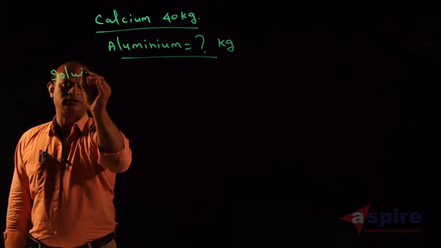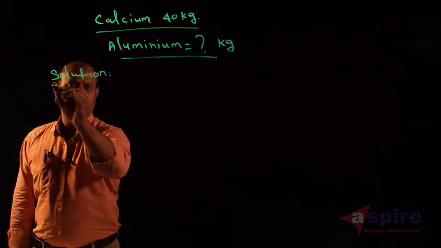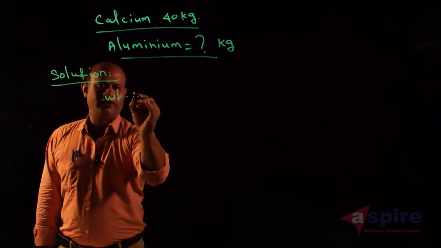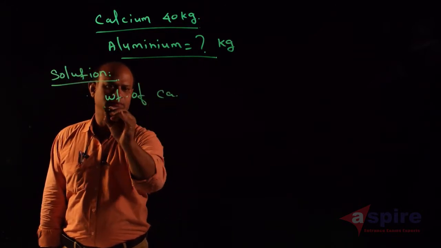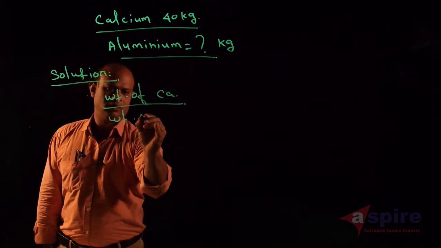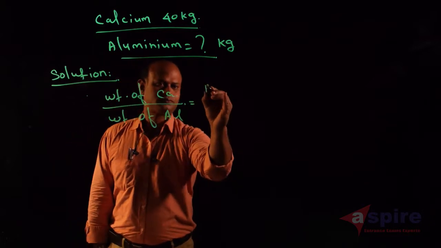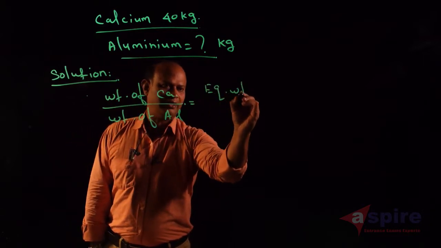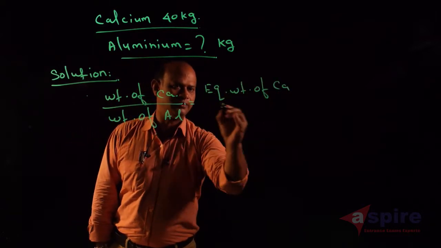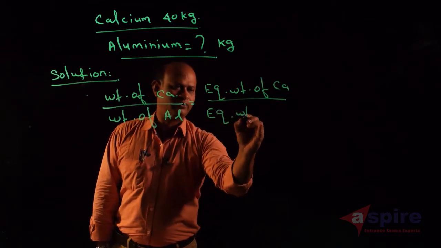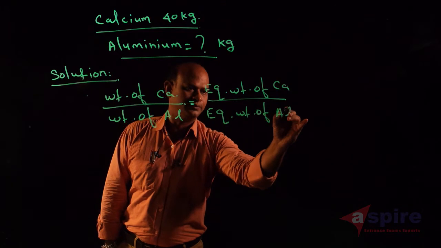Solution for this question: weight of calcium divided by weight of aluminium is equal to equivalent weight of calcium divided by equivalent weight of aluminium.